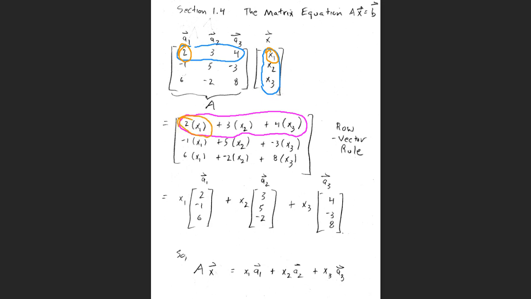And then plus 3 times x2. And then we have plus 4 times x3. And that's how you multiply the matrix A times the vector x. You move along the row of the matrix A and down the vector x, and you multiply according to this rule.